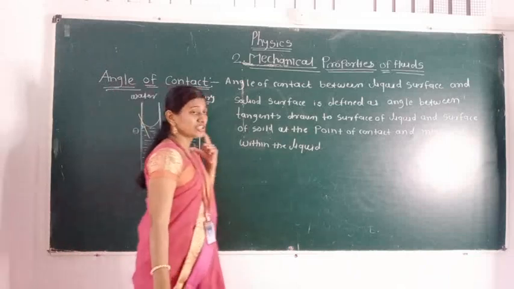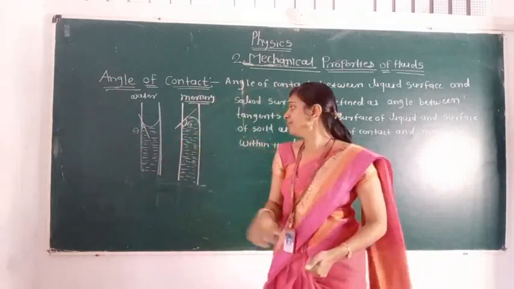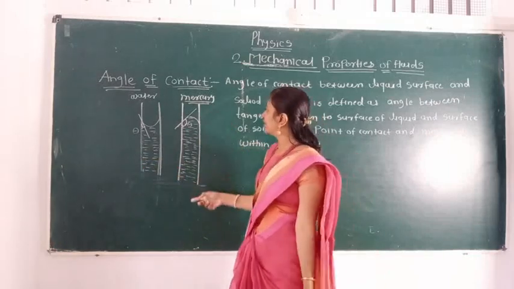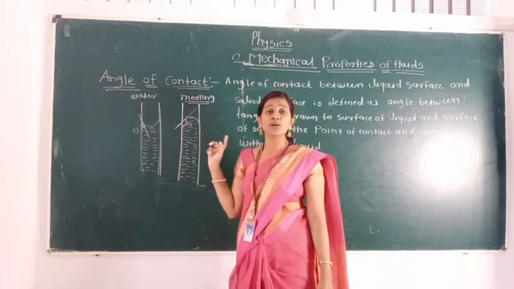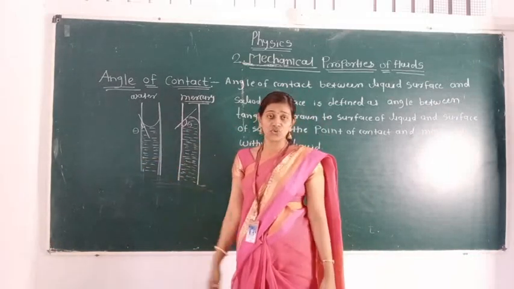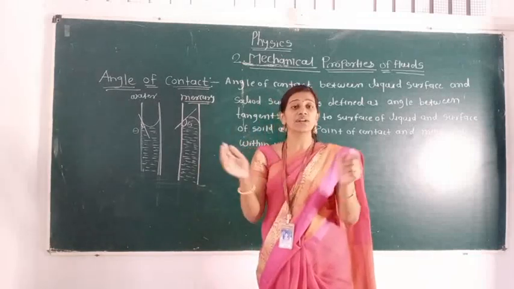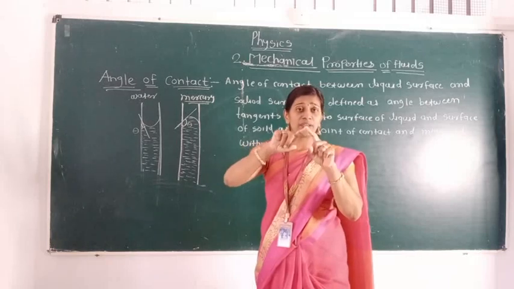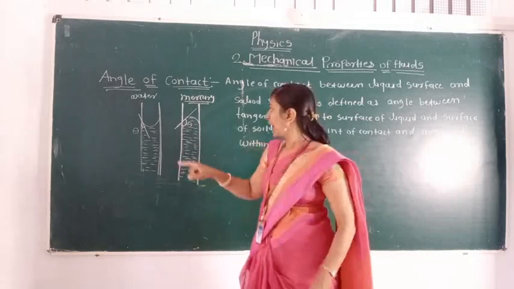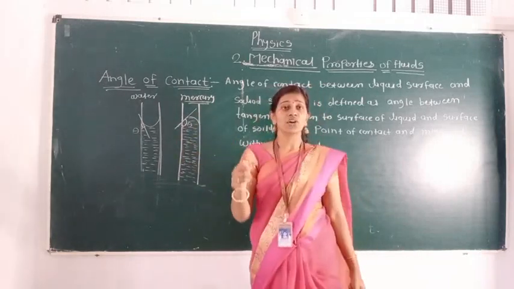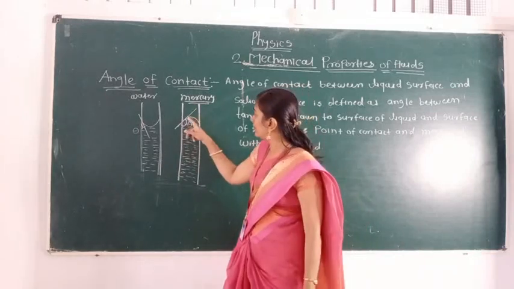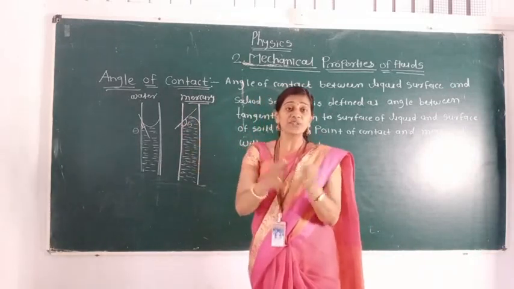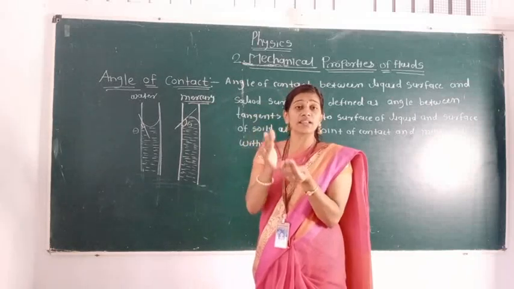So here the angle of contact of glass and water is shown in the first diagram. In the second diagram, the angle of contact of mercury and glass is shown. That means when solid and liquid come in contact with each other, the liquid surface becomes curved, and we draw the tangent to the surface of the liquid and the solid surface at the point of contact, at which point liquid and solid come in contact.